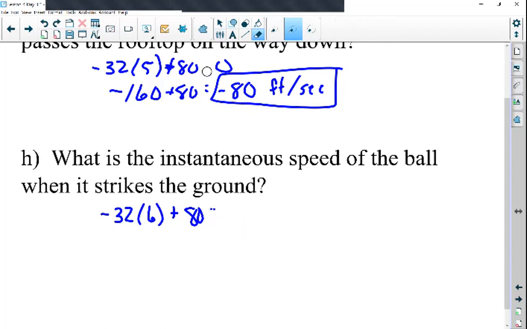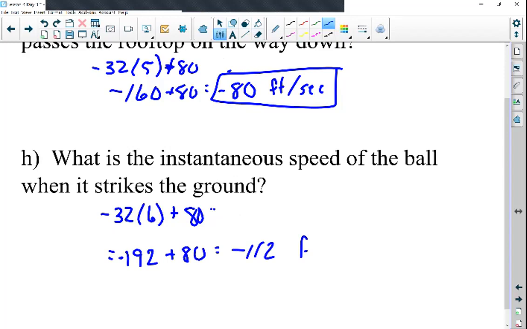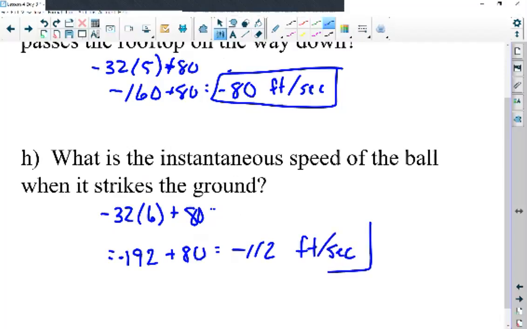So this is negative 192 plus 80, negative 112 feet per second. Whew.